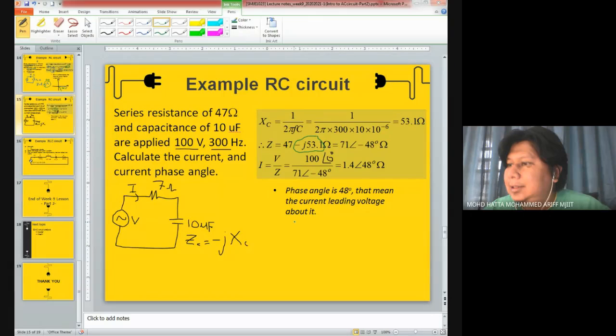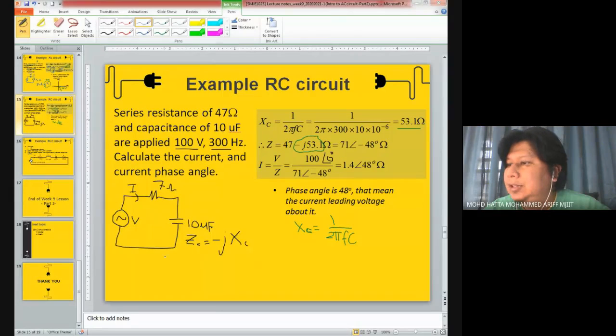And XC can be calculated using this equation, 1 over 2 pi F C. If you put all the values over here, this is not L, this is supposed to be C. XC is given by this value, and we put this value into the combination of resistor and reactance.